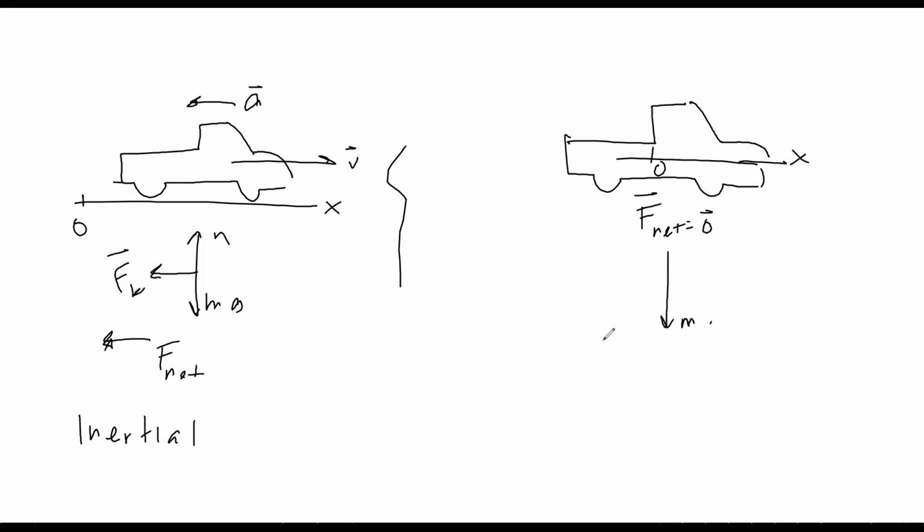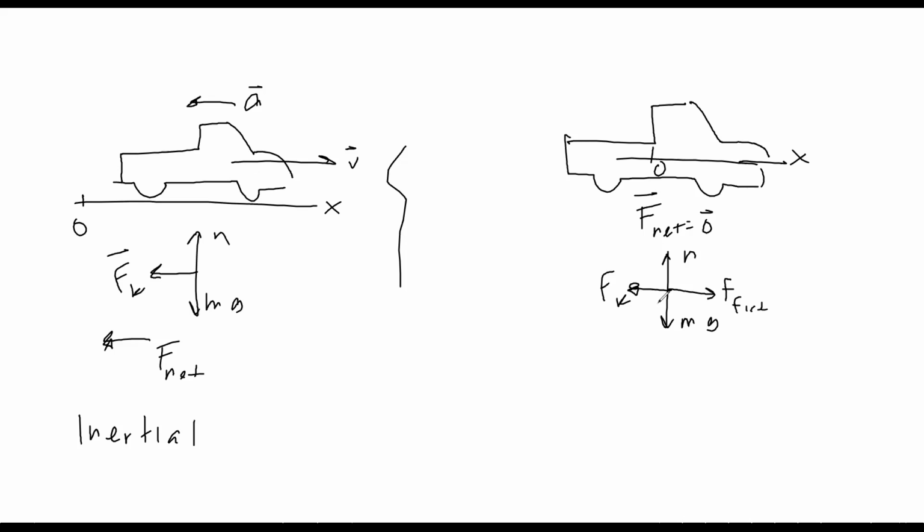They observe that there's an mg, they observe that there's an N, they also observe a friction force. But in order to maintain a 0 net force, because the person in the truck is not moving relative to the truck, they have to once again invent a forward fictitious force. And this fictitious force equals the friction force.